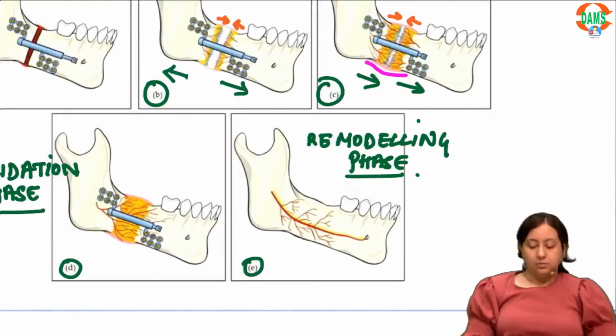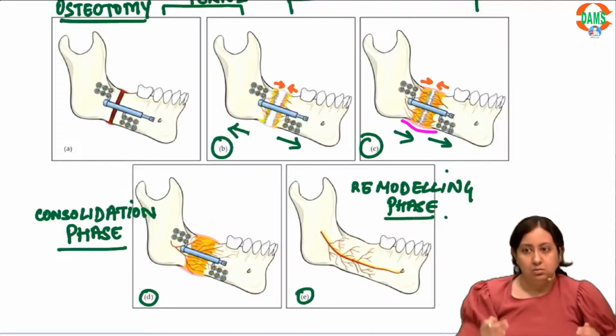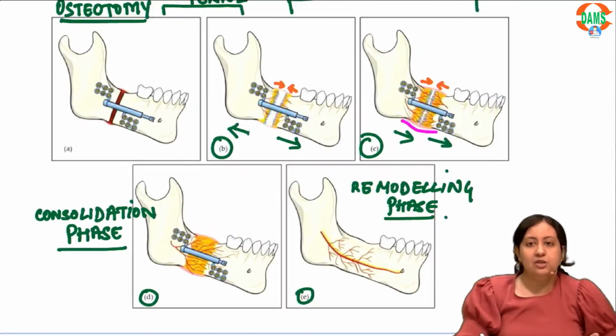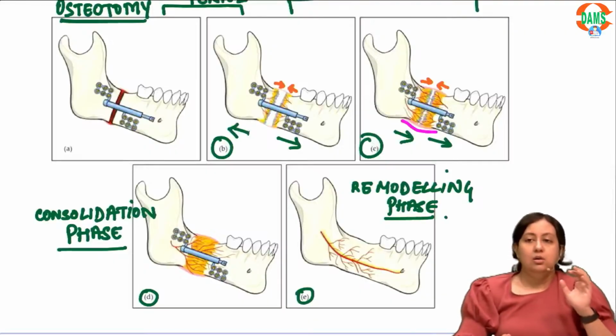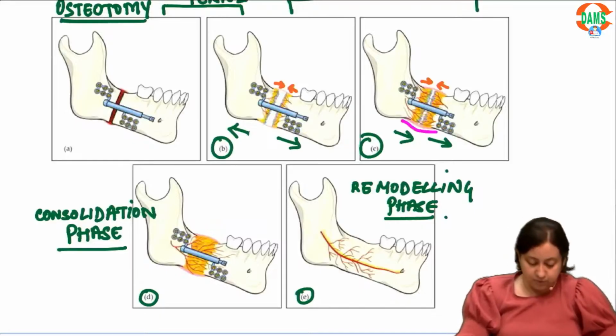That was an important visual. You can make a pictographic memory of this visual, and you can memorize all your phases of distraction.